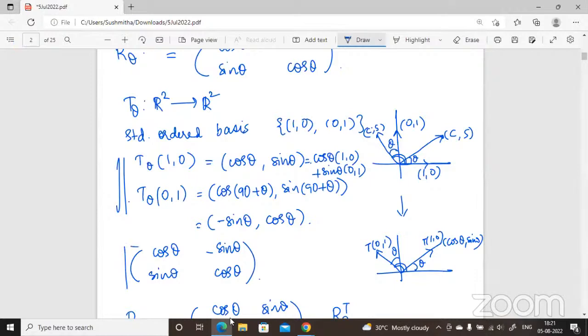But this is the matrix we call the rotation matrix. So when you take the standard ordered basis for the linear transformation, the matrix that you get is called the rotation matrix. If you take some other ordered basis, you're going to get some other matrix, which will be similar to this matrix, but this is what we call the rotation matrix.